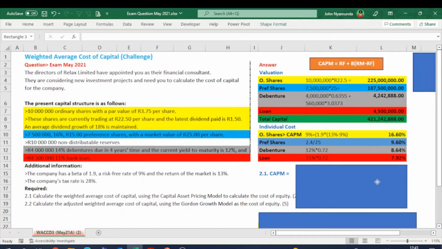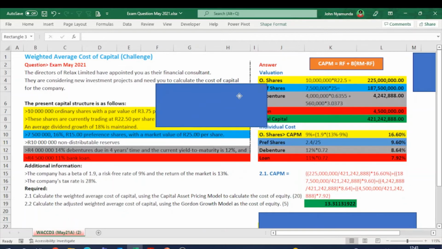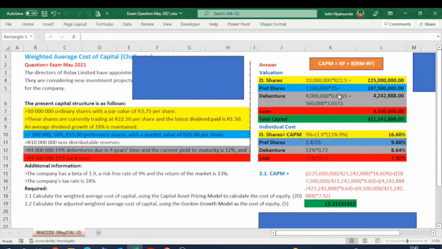Let's remove this here to find the weighted average cost of capital. So simply this block here, cell number K15, which is a long block. We are trying to say 225 times 16 plus 187 times 9.6 plus 4.2 times 8 plus 4.5 times that.